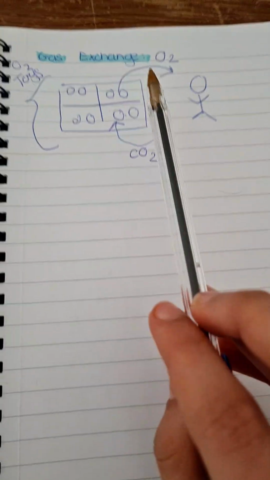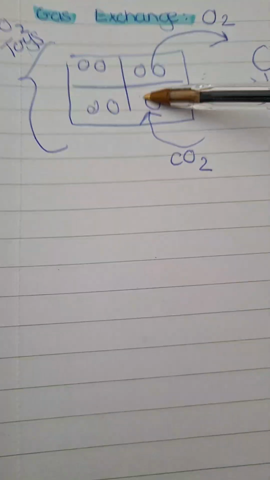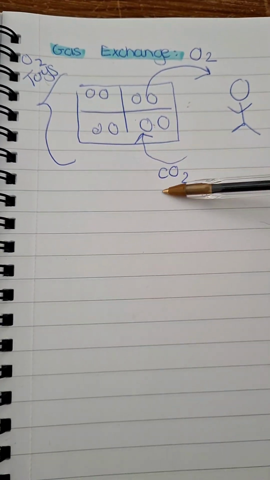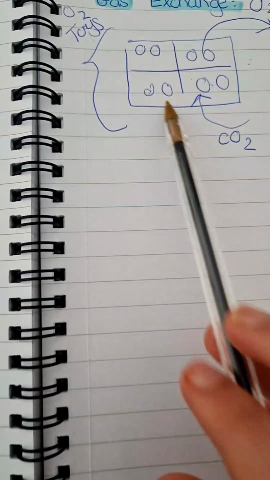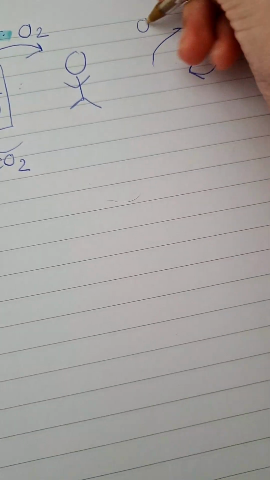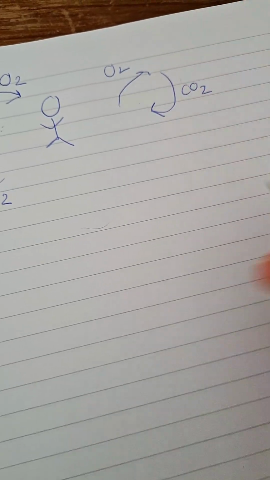Inside your body, your cells need oxygen to play with. And also they just need to get rid of the toys that they don't play with, they don't need, which is carbon dioxide. So hopefully you can see the sort of exchange between having oxygen, you want that oxygen, but releasing carbon dioxide as waste.